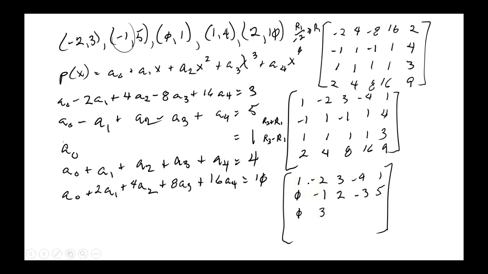It's row 3 minus row 1. Got it? Okay. Yeah. Okay. This one would be? Minus 2. 5. And 2. Right? What next?